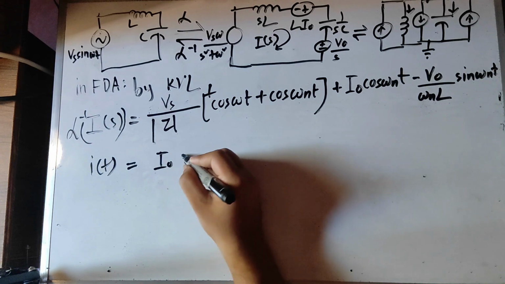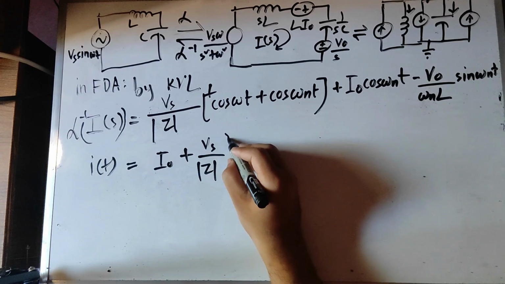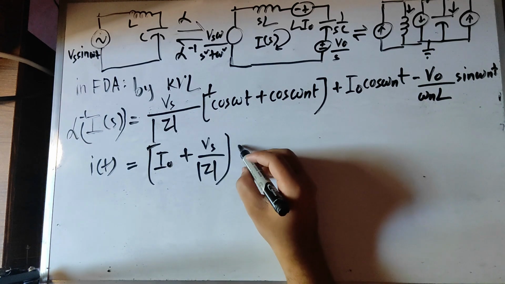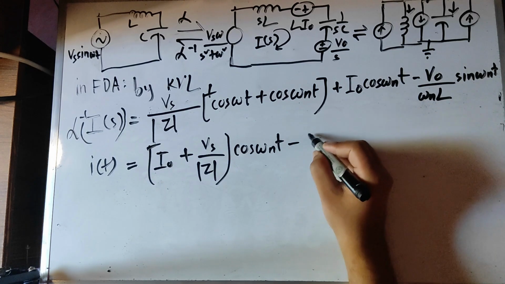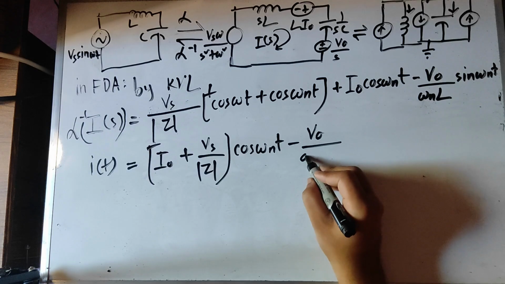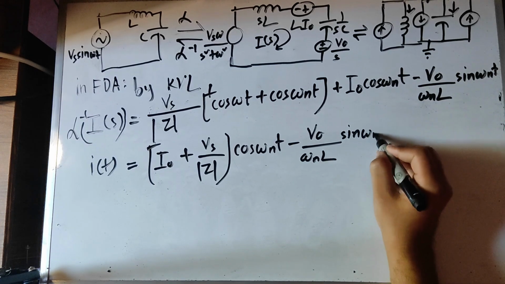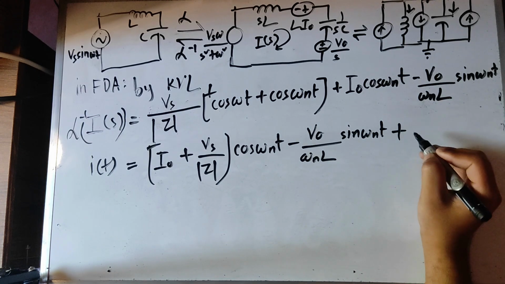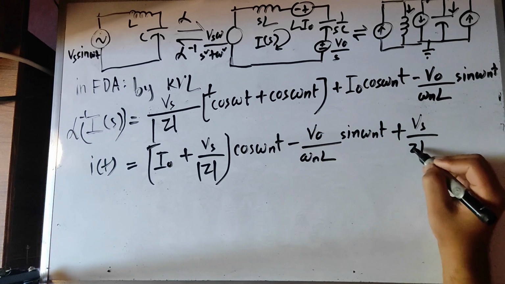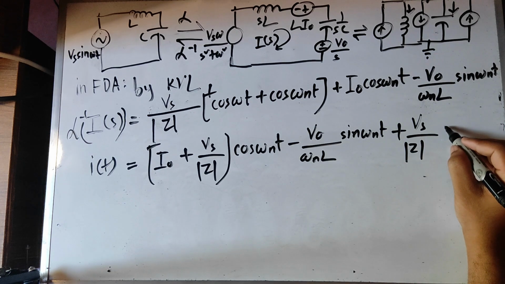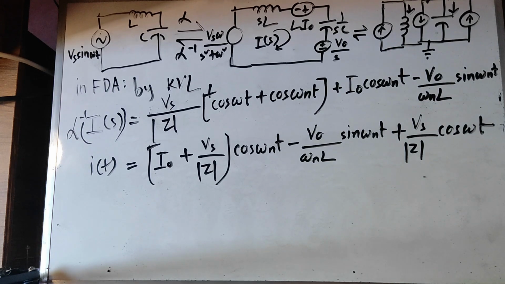If we rearrange this, plus Vs / Z times cos omega n t, minus Vo / (omega n L) sin omega n t, plus Vs / Z cos omega t.